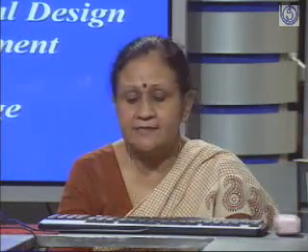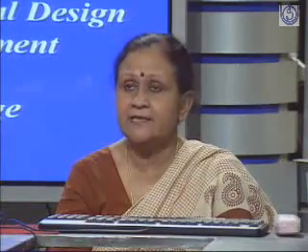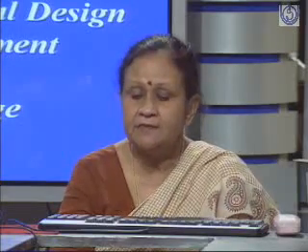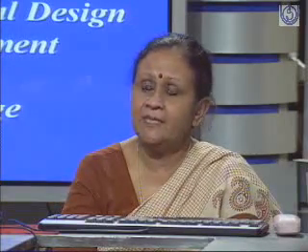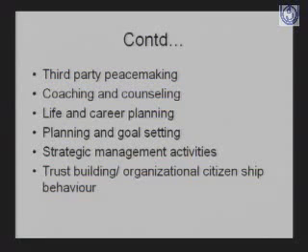Then of course there is planning and goal setting. You are brought into a tangible forum where you can make more meaning. Strategic management activities are through policies, planning, and then creating strategies which are helpful to the individual as well as to the organization. Trust building is another very important intervention that is coming up.